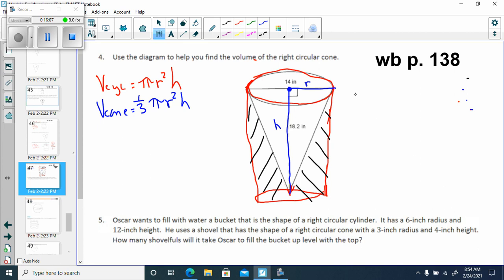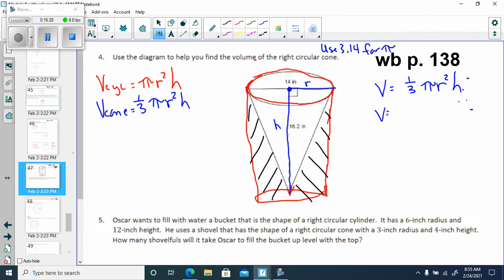So let's find the volume of this particular cone. Volume would be equal to 1/3 pi radius squared height. Let's say use 3.14 in this case for pi, so we're getting an approximate volume.